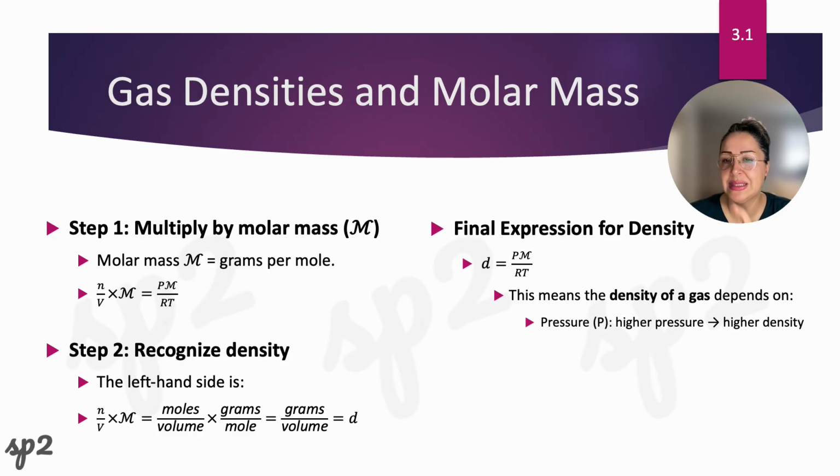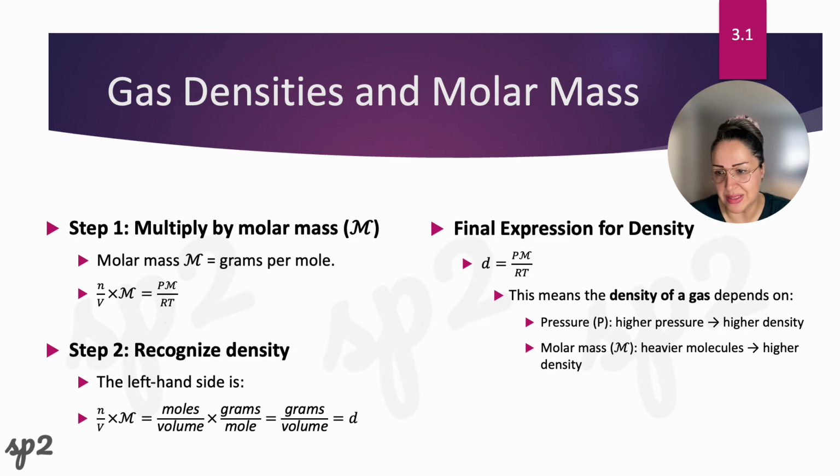So this means that the density of the gas, according to this equation, depends on three factors. The first one is pressure, and I have direct proportionality. So if I increase my pressure, I'm going to have higher density. The second one is the molar mass, which is also a direct proportionality.